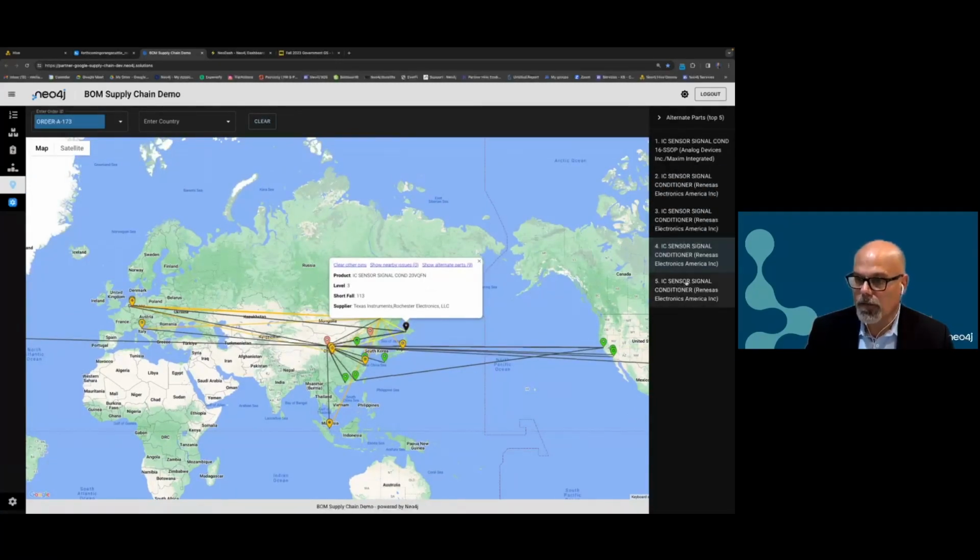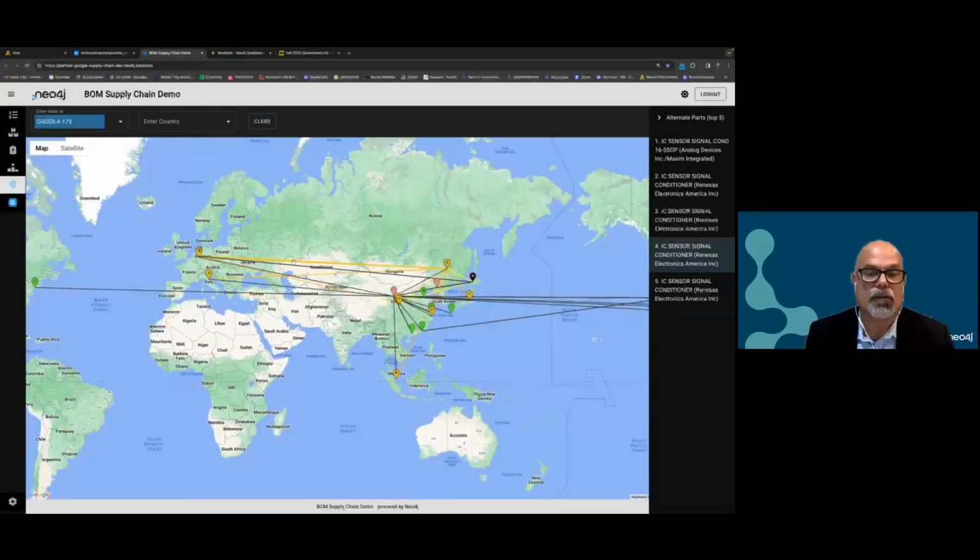Often, in order to do this, you have to unify the data, because sometimes suppliers will call the same thing by a different name. Again, you can do that kind of work in the graph. Now if I go look at this, in these golden lines, this is the supply chain for these alternate parts.